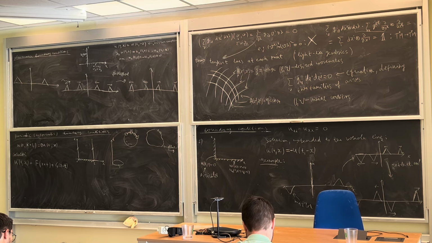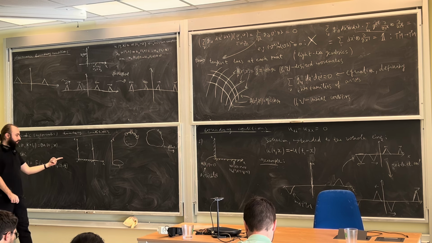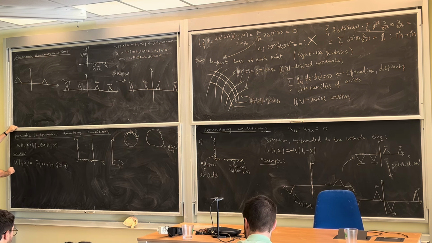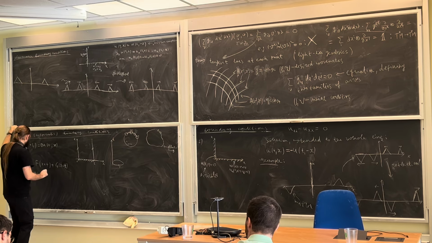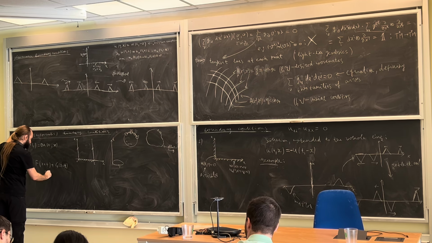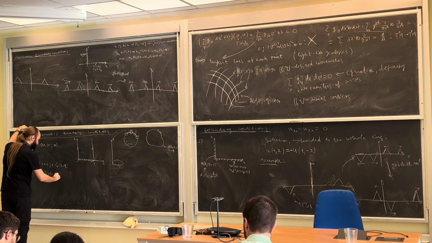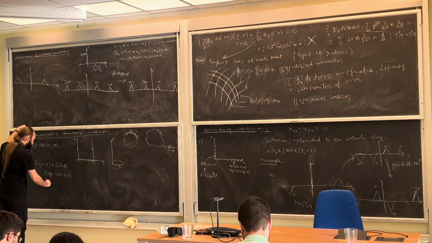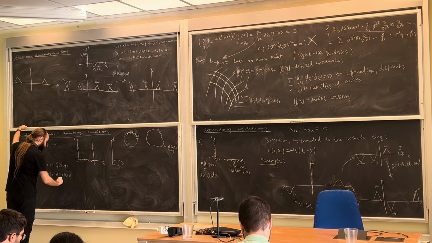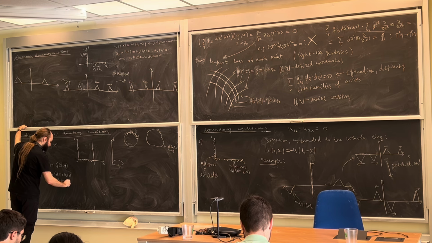And we also have some initial conditions for the interval from 0 to L. f of x plus g of x equals u0 of x, and f prime of x minus g prime of x equals u1 of x.